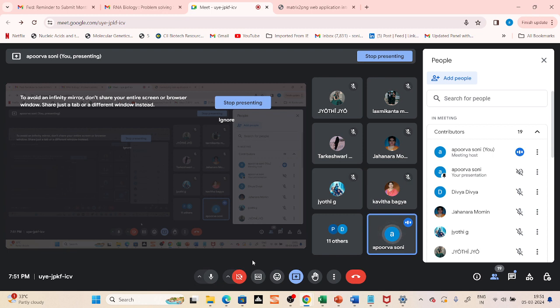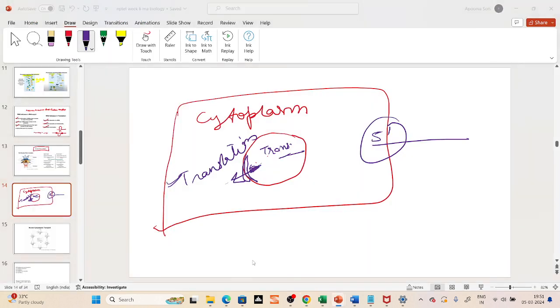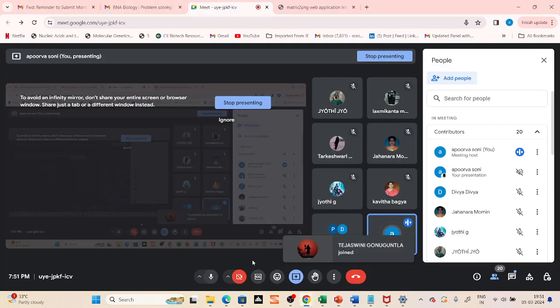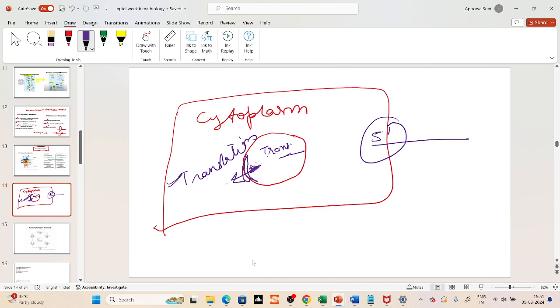That is a separate concept, and a separate dedicated lecture to study how RNA can be transported from the nucleus to the cytoplasm with the help of nuclear pores. And these nuclear pores have a very detailed machinery, very detailed architecture, very detailed infrastructure, which is called the nuclear pore complex.